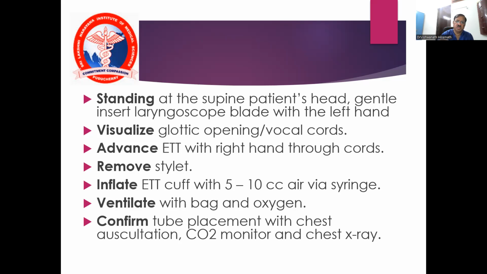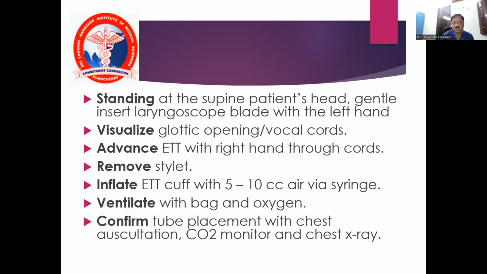When the endotracheal tube is seen passing through the cords freely, remove the stylet, inflate the cuff with 5 to 10 cc of air via syringe, ventilate with the bag and oxygen, confirm the tube placement with chest auscultation, and monitor.